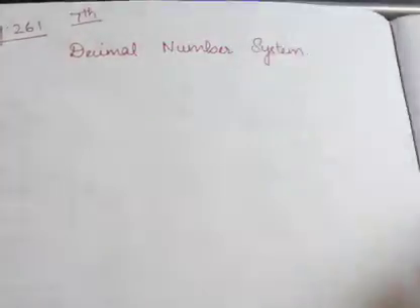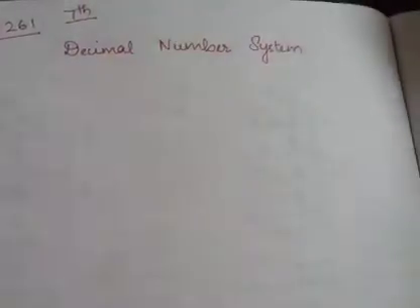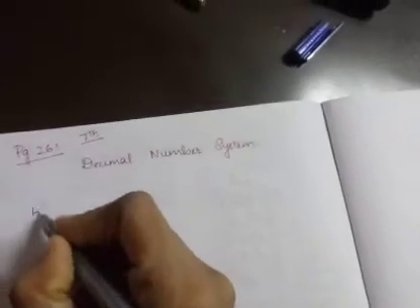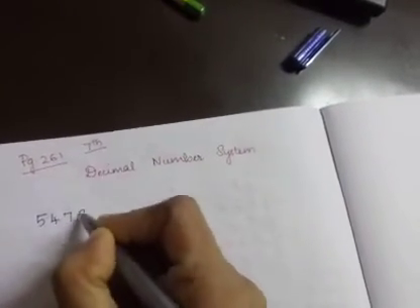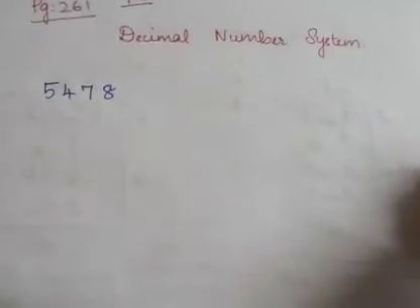Okay, you can see decimal number system. In that, what is given? First, they have given the expanded form. Yes. So, I am going to teach you how we are going to do the expanded form. So, if this number is given, how will you expand it, children?